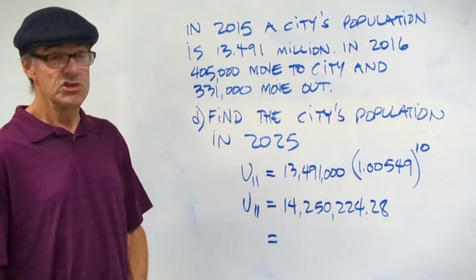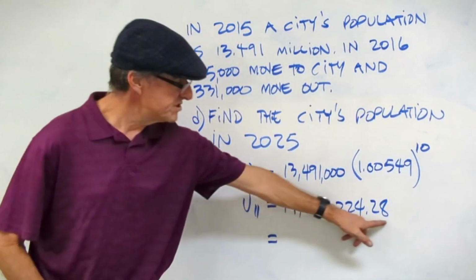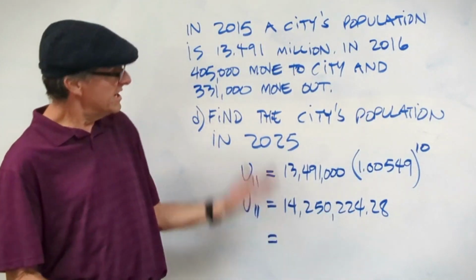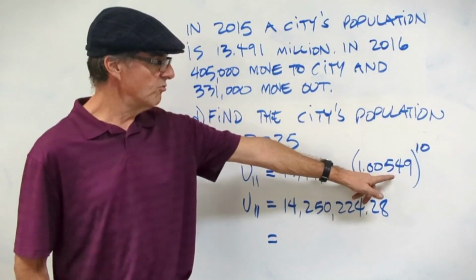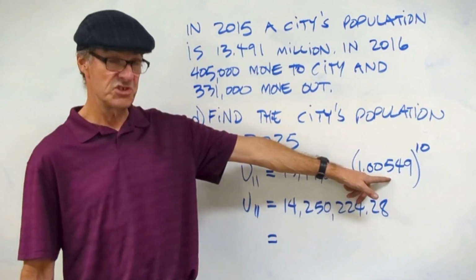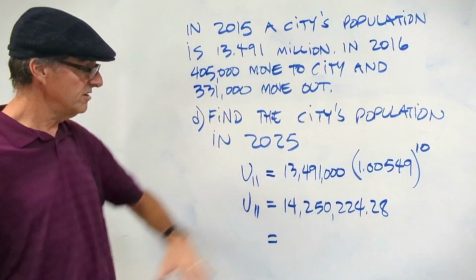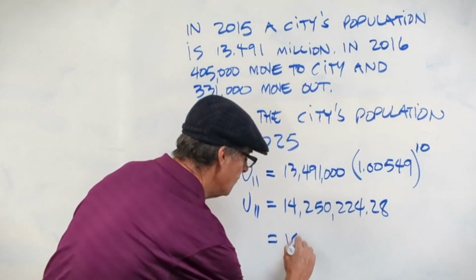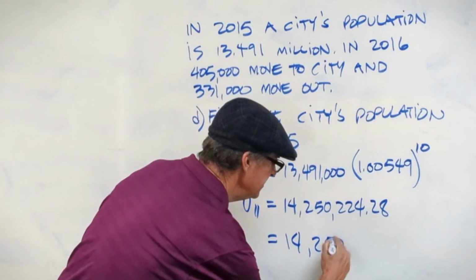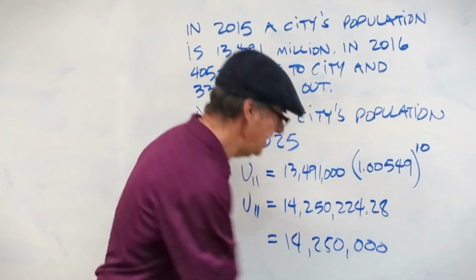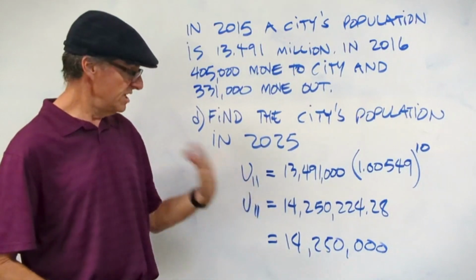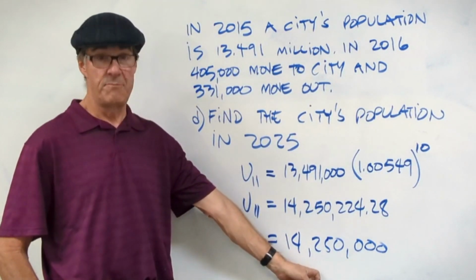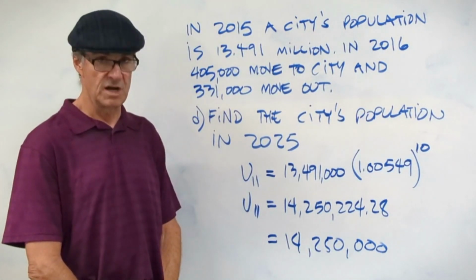So our answer shouldn't have this kind of precision in there because it's not possible from the numbers that we started with. It comes because our rate of growth has a lot of decimals to it. But actually, in terms of our calculation, we should really just write 14,250,000 like that and carry the same precision that we had with our starting numbers into our answer. So this is a better answer for this problem.